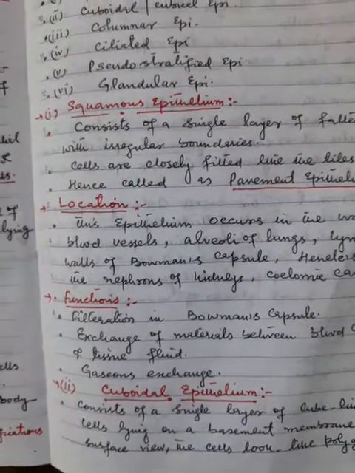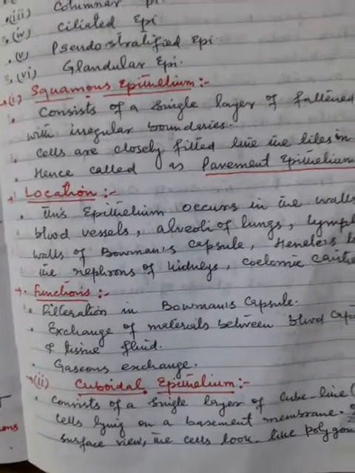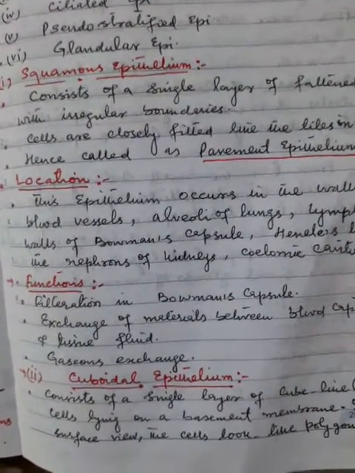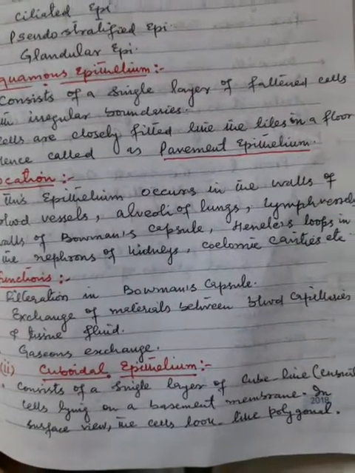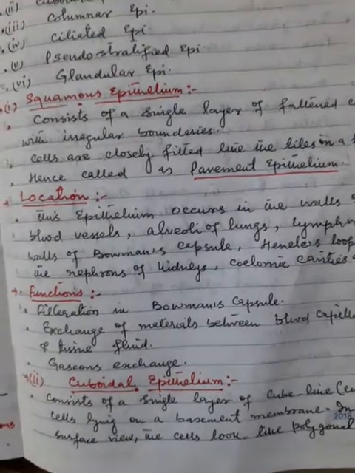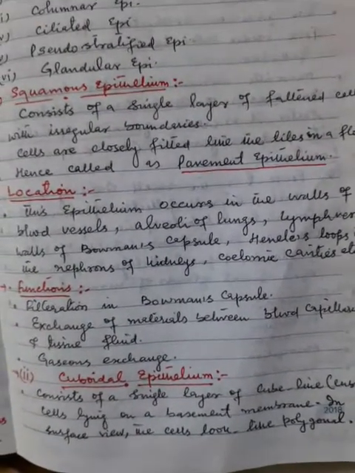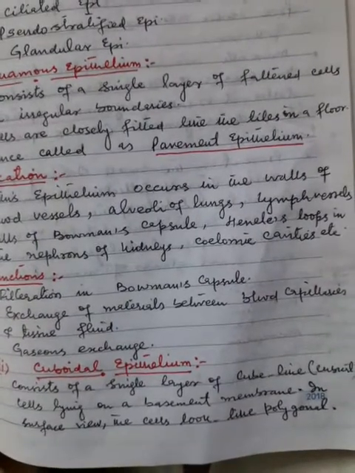Number second type of epithelial tissue, that is cuboidal epithelium. Cuboidal epithelium consists of a single layer of cube-like cubical cells lying on a basement membrane. In surface view, the cells look polygonal.